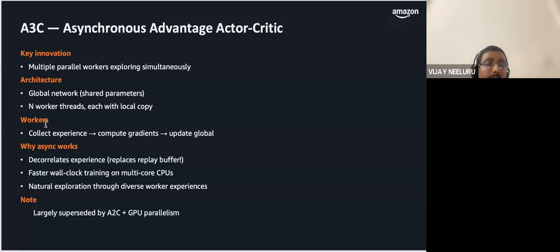Next, how do the workers approach? Each worker interacts independently with its copy of the environment to collect experience. Next, we compute the local gradients. Using the collected experiences, each worker calculates the gradients for both its local actor network and its local critic network.